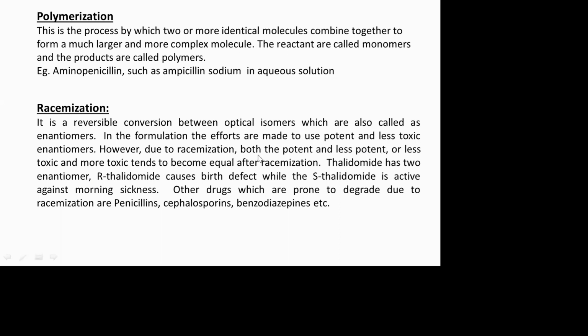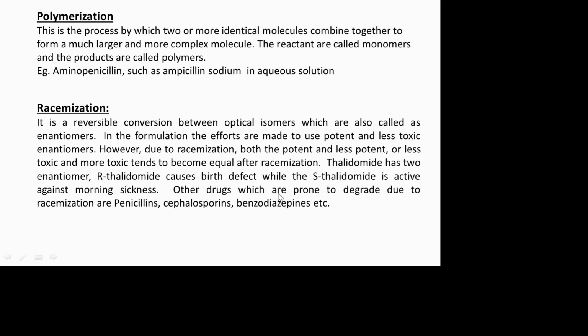However, due to racemization, the potent and less potent, or less toxic and more toxic, tend to become equal. Thalidomide has two enantiomers: R-thalidomide causes birth defects, while S-thalidomide is active against morning sickness. Other drugs prone to degrade due to racemization are penicillin, cephalosporin, and benzodiazepines.